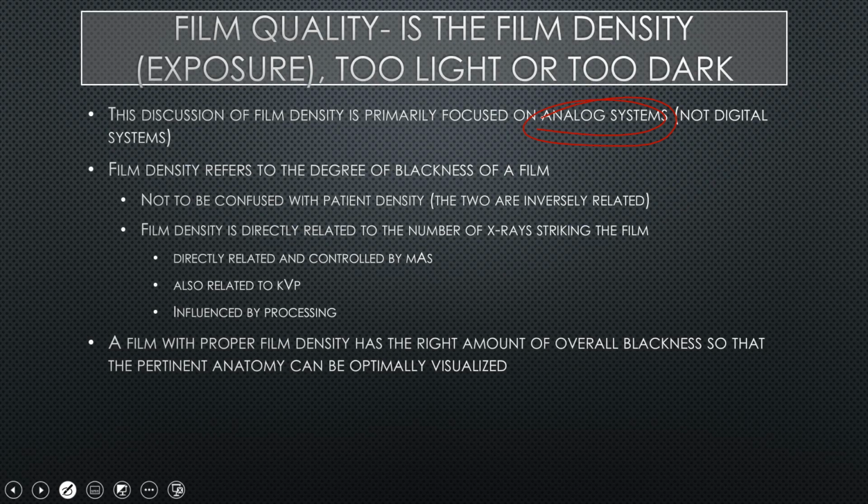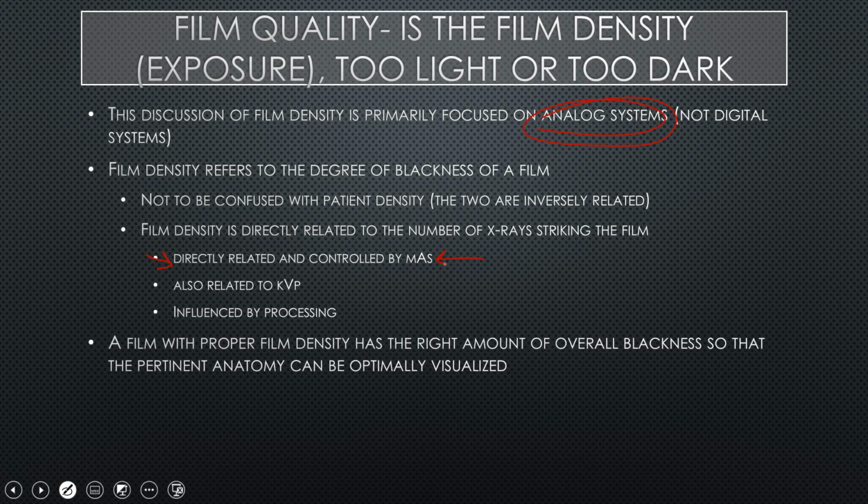This isn't to be confused with the density of the patient themselves. The film density is directly related to the number of X-rays striking the film. These are directly related and controlled by MAS. It's also related to KVP, but MAS is the primary culprit.